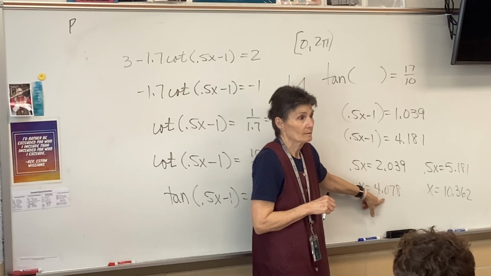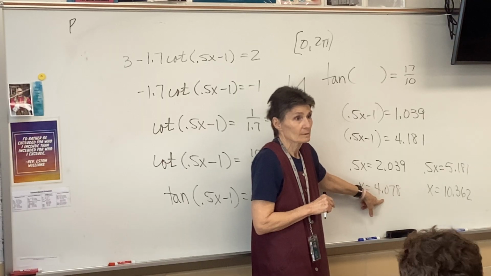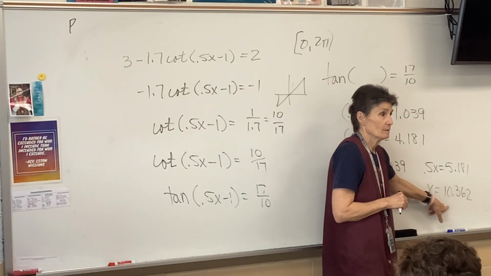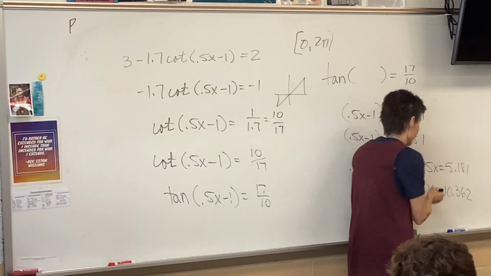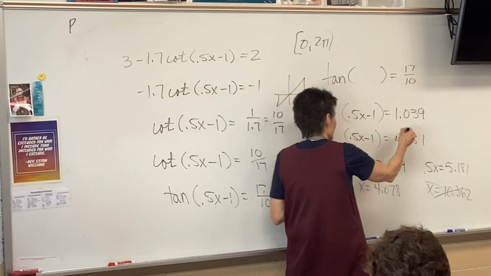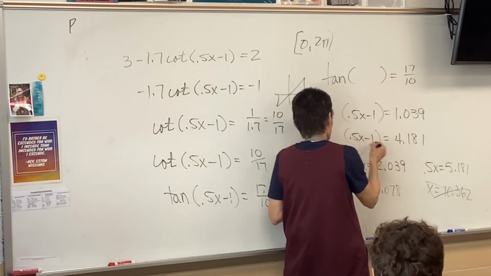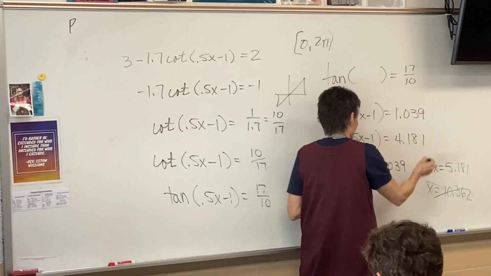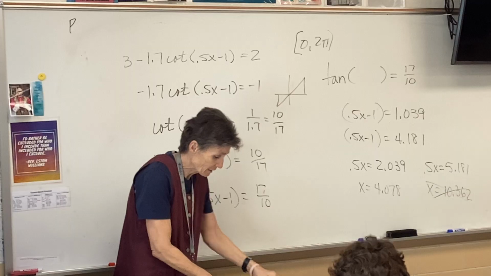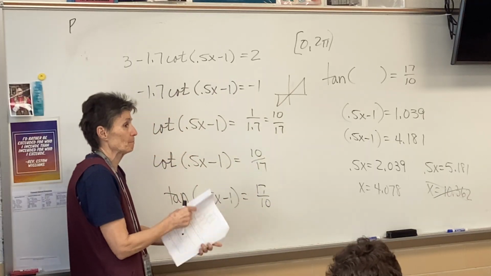What's 2 pi? 6. This is in there. Is that one in there? No, too big. The original angle value we got was okay, but then when you had to start doing this stuff, it messed it up. So the only answer is 4.078.